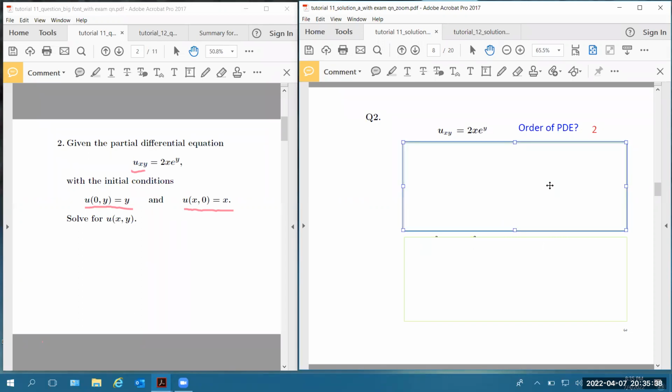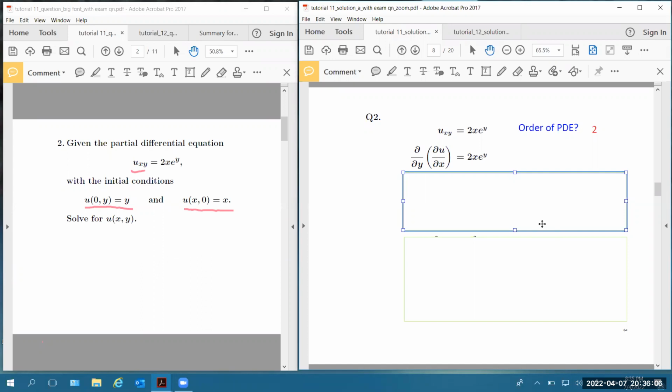So let's go and do this by the direct integration method. First of all, let us write out this partial derivative here: del square u del x del y. We can differentiate with respect to x first, or with respect to y first.